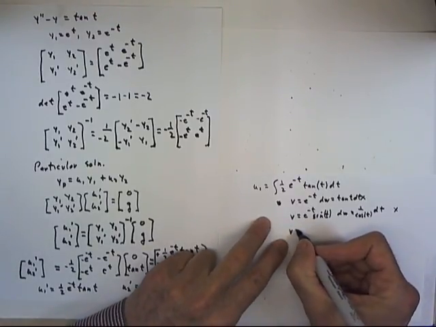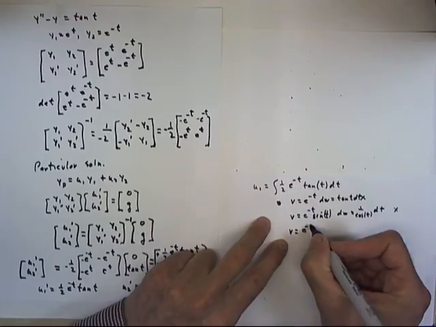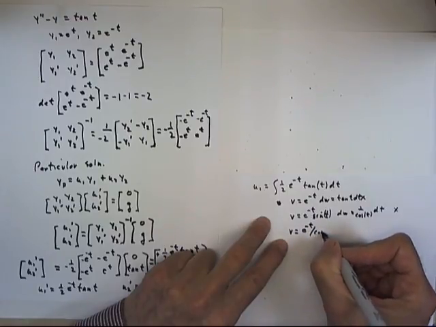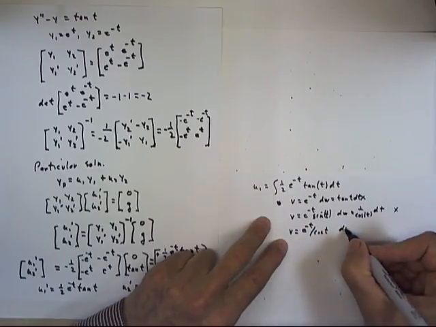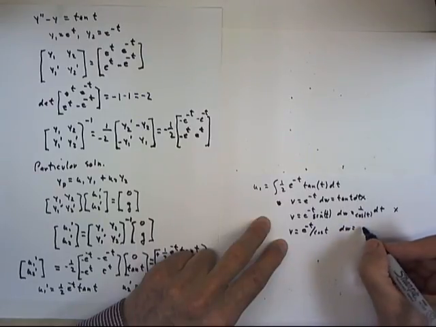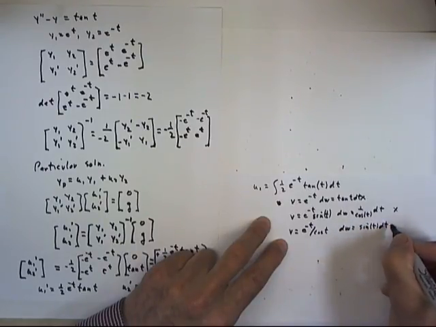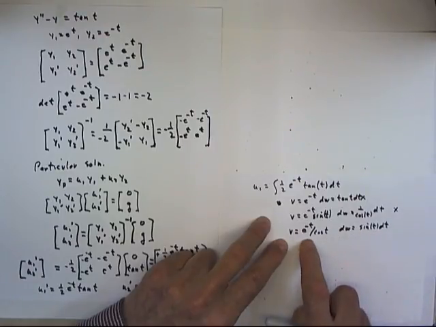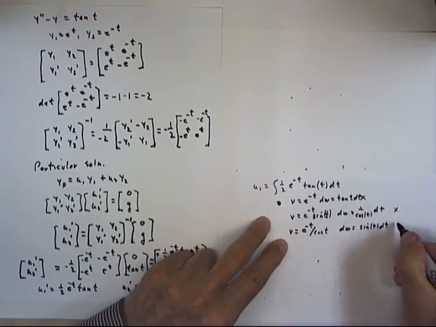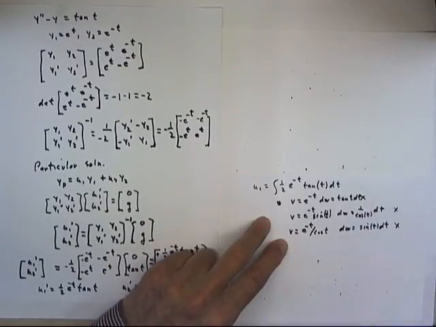We could let v equal e to the negative t over cosine t, so that dw equals sine t dt. This is certainly integrable. We can certainly find the derivative of this, but this really leads nowhere.